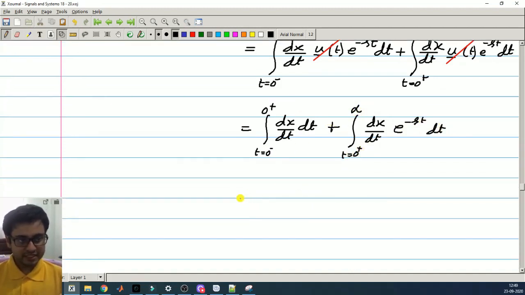Now this first integration is x with limits 0 plus and 0 minus. Integration of dx dt is x, of course, plus this term I will keep as it is.